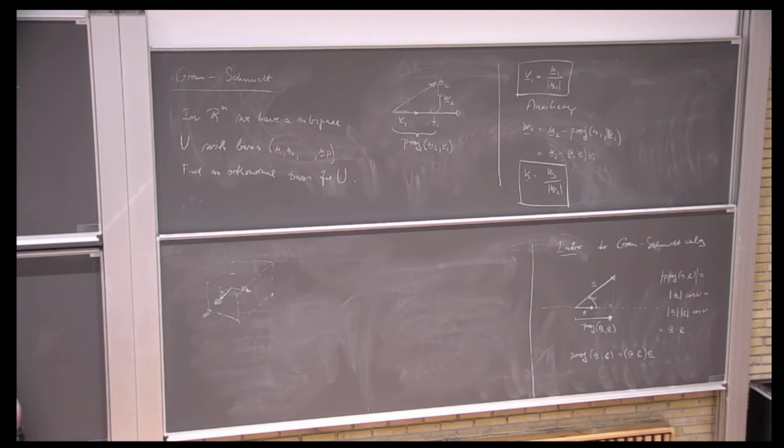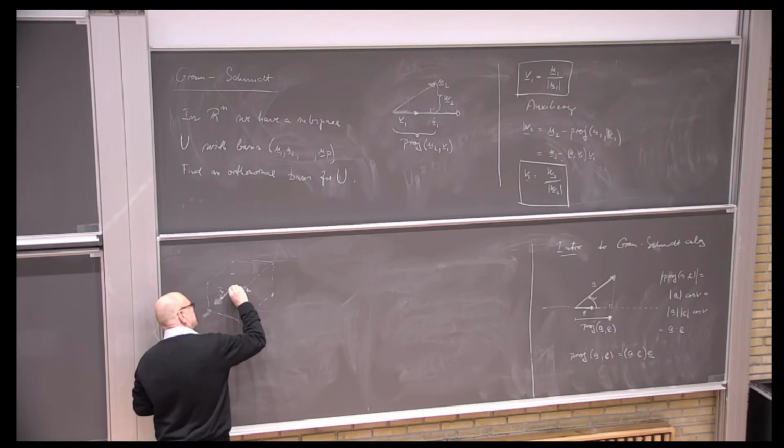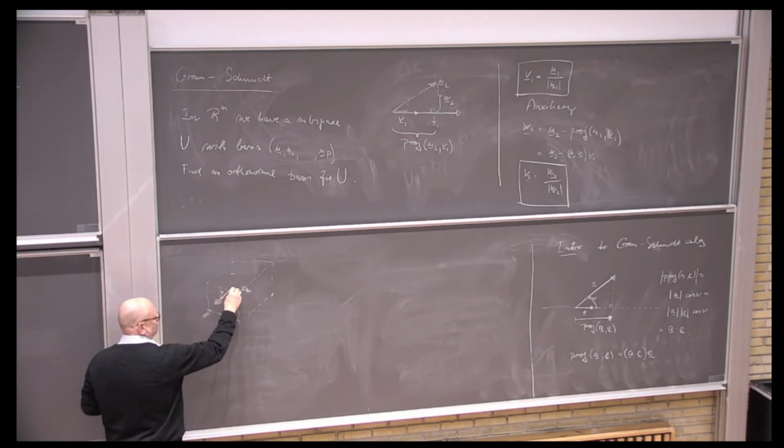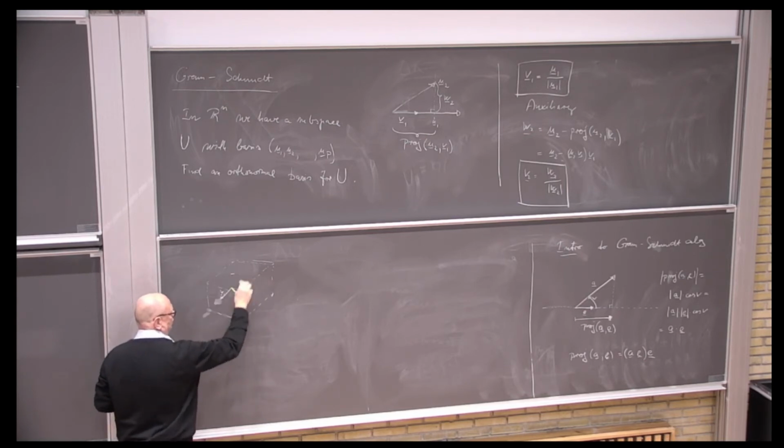So what I'm looking at is this vector here, from the origin here and then to this corner of the box.